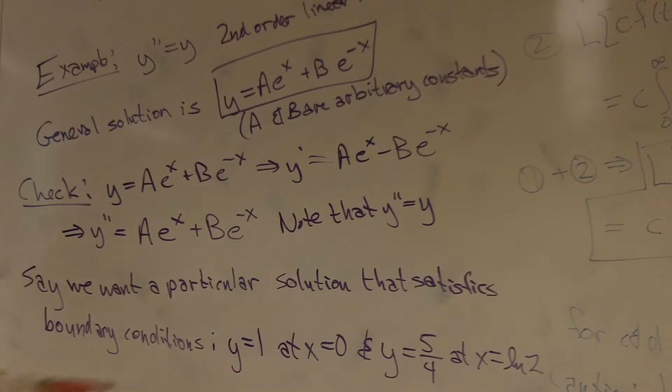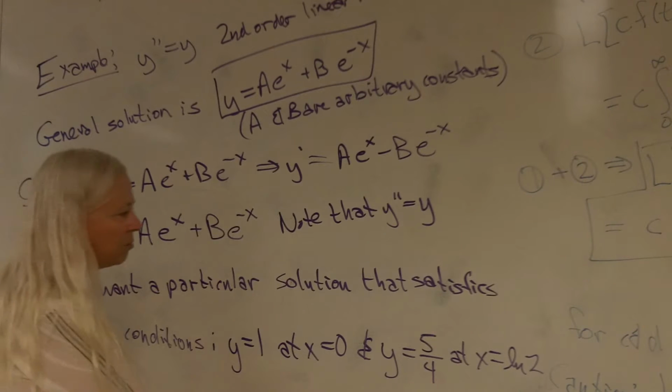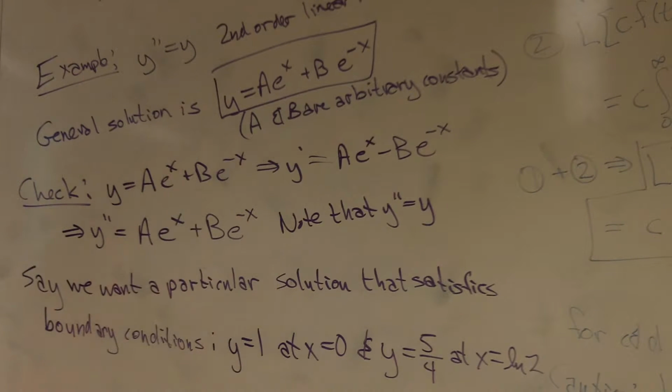It turns out that those two boundary conditions will allow us to determine the values of a and b that meet not only the differential equation, but these two conditions as well. The general rule is, however many arbitrary constants we have, that's the number of boundary conditions we need to specify them.